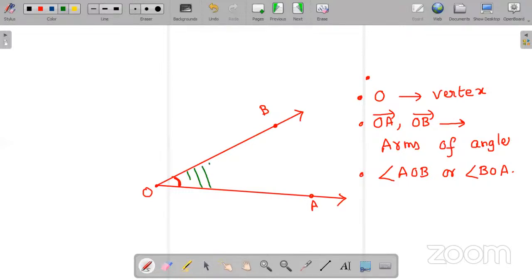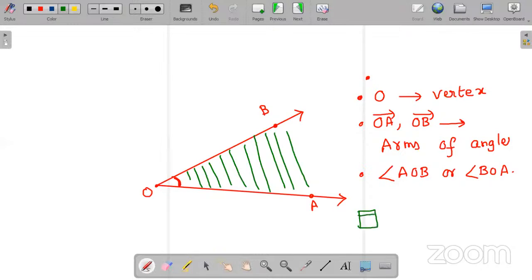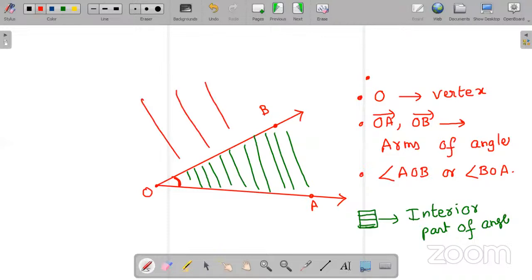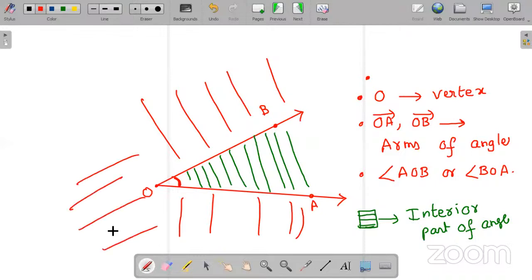This green portion is called the interior of the angle, the inside of the angle. Then you shade this part. This red part is called the exterior.